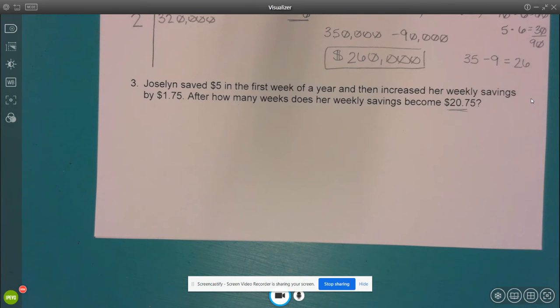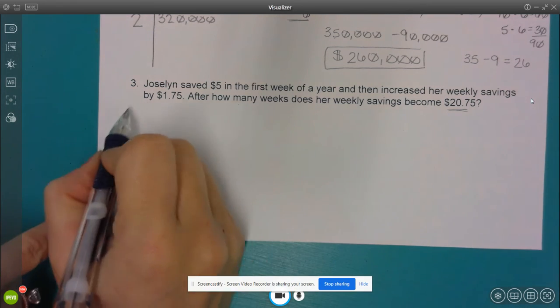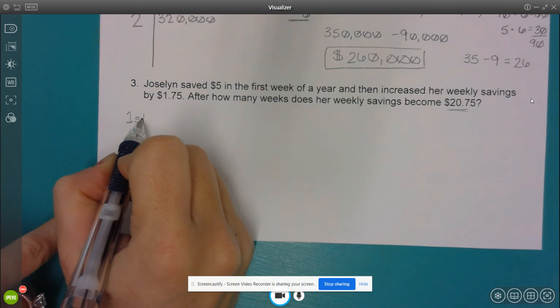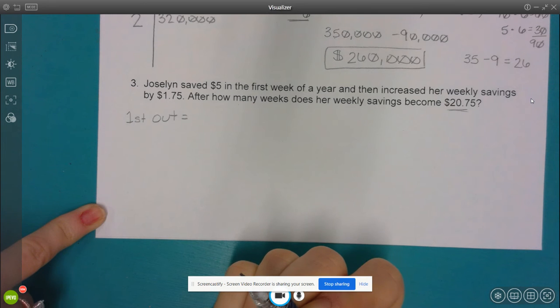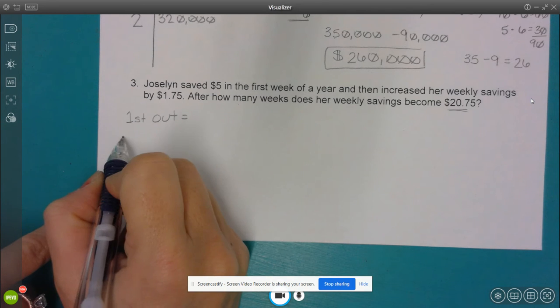Now, we don't have information about a variety of weeks. We have information about the first week and how much it's increasing each week. So I have all of my information for my equation right away.